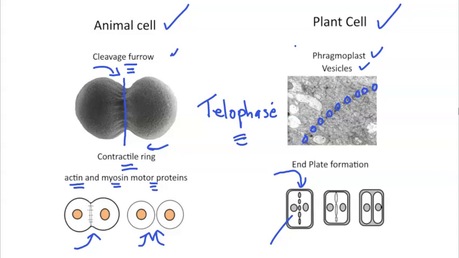And so we have the two nuclei here, and the vesicles form along the equator, and then the vesicles will merge together until there's an entire division across the center of the plant cell, upon which the plant cell will secrete outside of its cell membrane cellulose fibers for the construction of the cellulose cell wall. And in this way, the division of an animal and a plant cell is quite different.